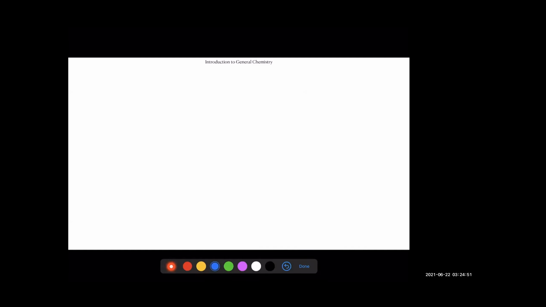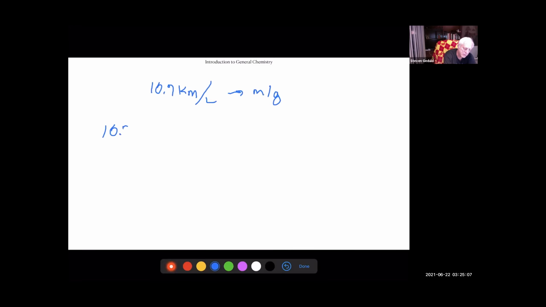While driving a rental car on your vacation in Europe, you find that you're getting 10.7 kilometers per liter of gasoline. What does this value correspond to in miles per gallon? Okay. So 10.7 kilometers, and I want to change that into miles. Kilo is 1,000, so 10 to the third meters.